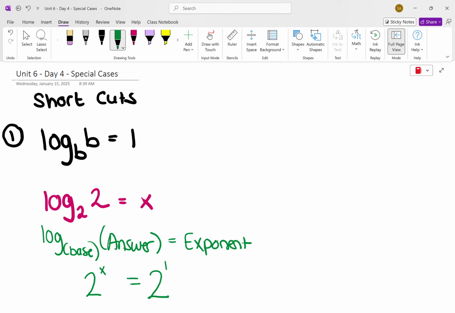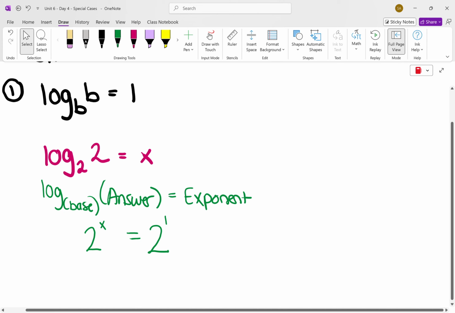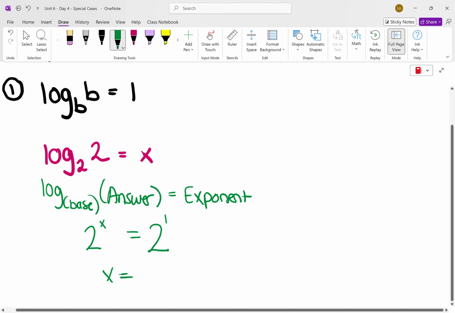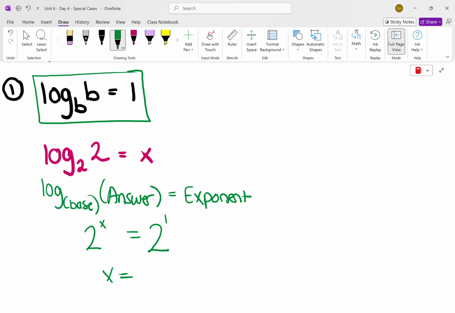To the first. Well, what does that mean x has to equal? x has to equal 1. So that's what this shortcut is saying. Anytime your base and your argument are the same, it will simplify down to 1.